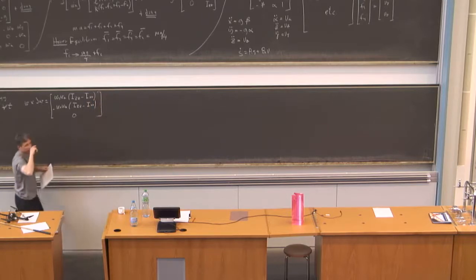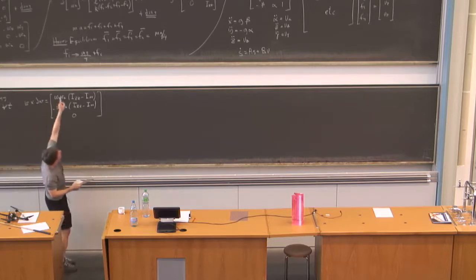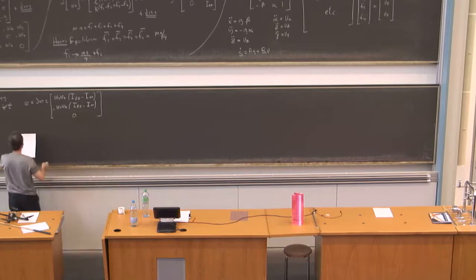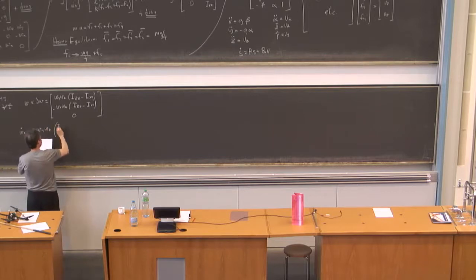And the reason I get a 0 there is because Ixx is equal to Iyy. Then if I go ahead and write down my differential equations, I get that omega sub x dot is equal to minus omega sub y omega sub z times Izz minus Ixx divided by Ixx.